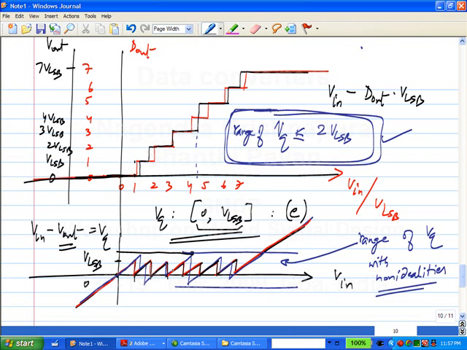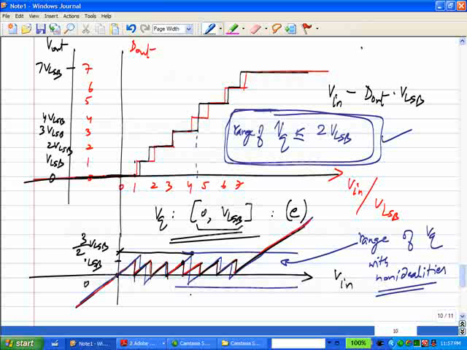It goes half VLSB beyond that. So it is 3 by 2 VLSB. So the maximum value in this case is 3 by 2 VLSB. And what is the most negative point? Minus half VLSB. So what is the range? 2 VLSB, right?